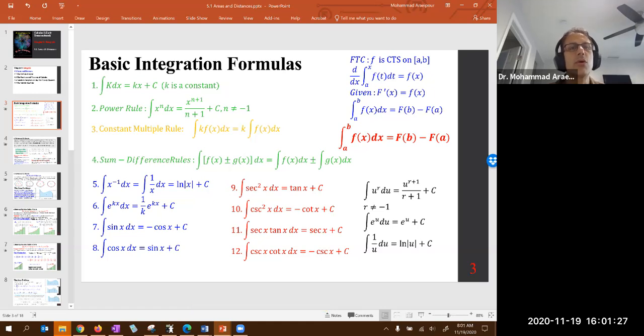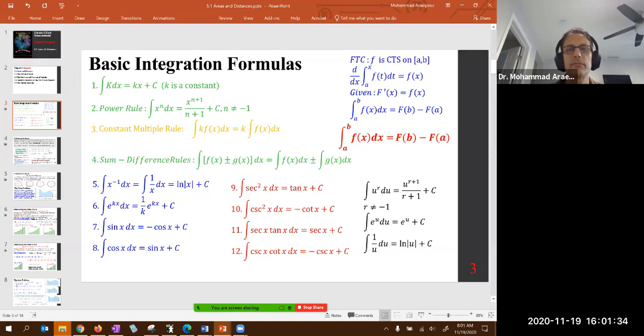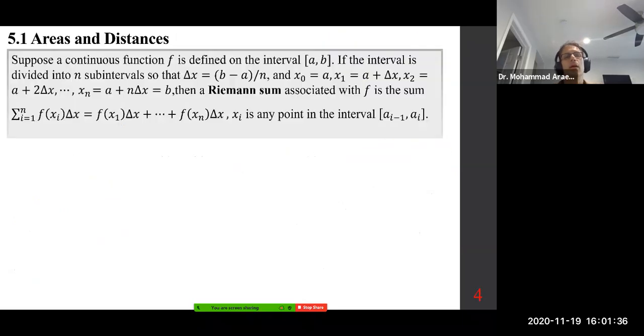Let me give you the synopsis of the section. This is called a Riemann sum. Suppose a continuous function is defined on the closed interval from a to b. If the interval is divided into n subintervals, delta x can be calculated as b minus a over n. x sub 0 is a, x sub 1 is a plus delta x, and so on.